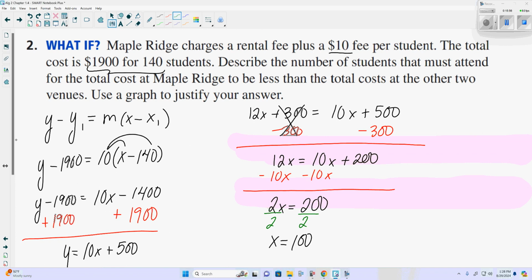And the ACT would probably throw a question like this on it, and they would 100% put 100 as an answer choice. They like doing it. They will always put some of the incorrect or common mistake solutions in there just to throw you off.